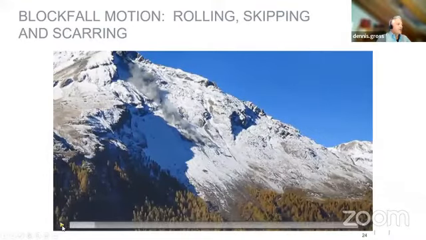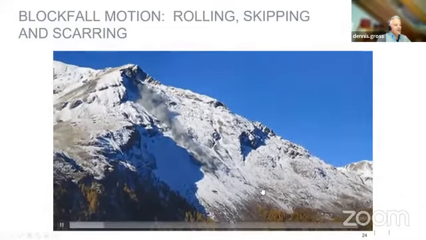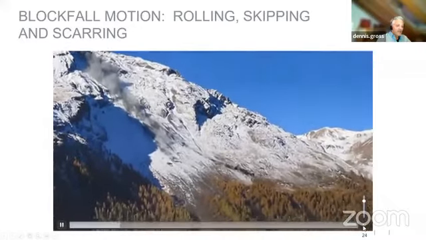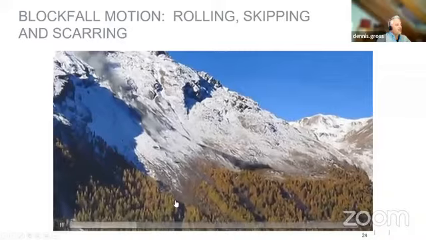And what is quite surprising, that we have some rocks going here on the right-hand side, and we have other rocks which will go in a totally different direction.